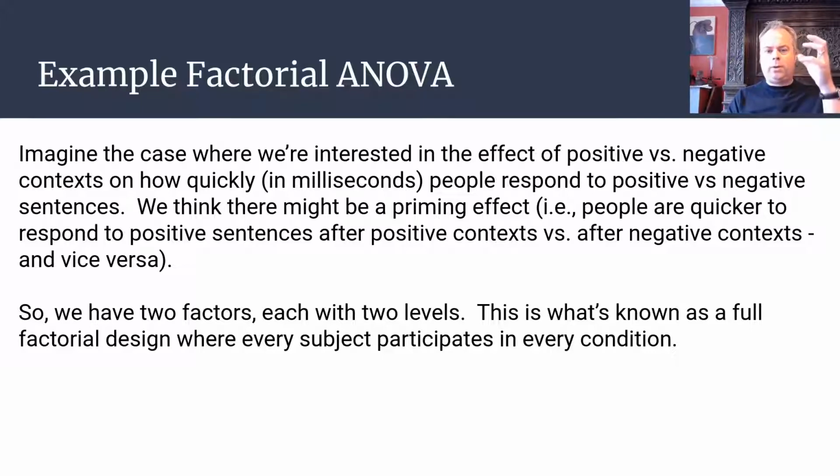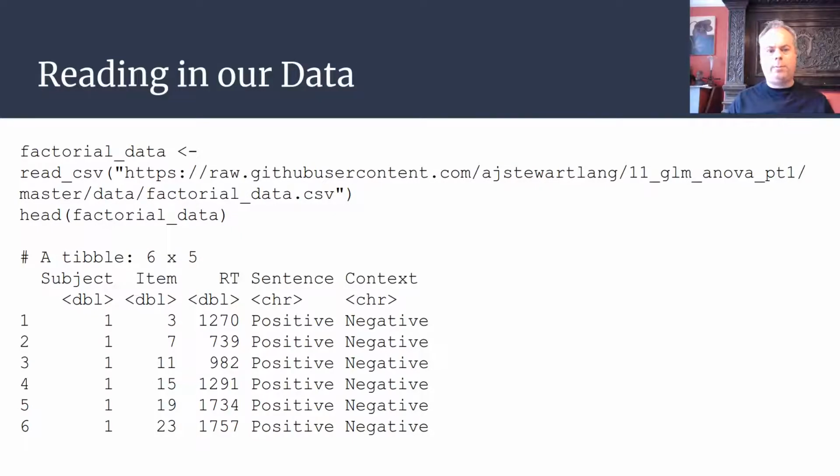So because we've got two factors and each of those factors has got two levels, that gives us 4 possible experimental conditions in total. Okay, so we've got positive context with positive words, positive context with negative words, negative context with positive words, negative context with negative words. Okay, so that's the kind of design that we have.